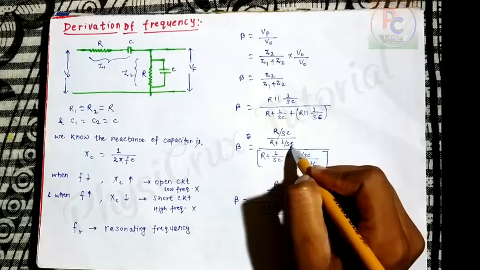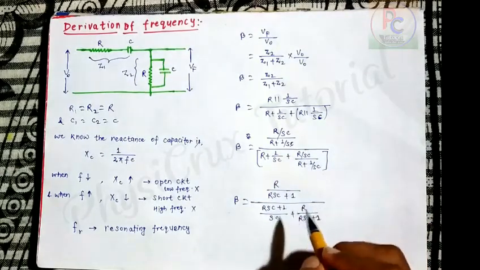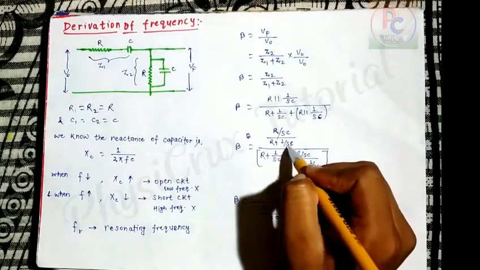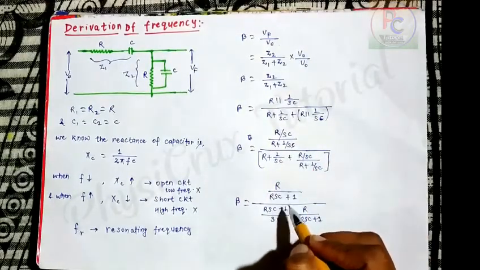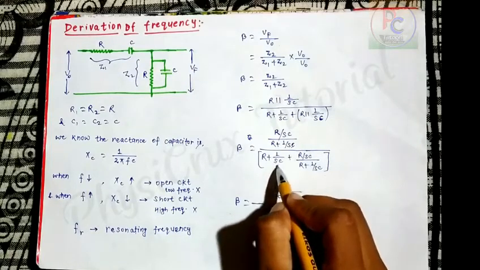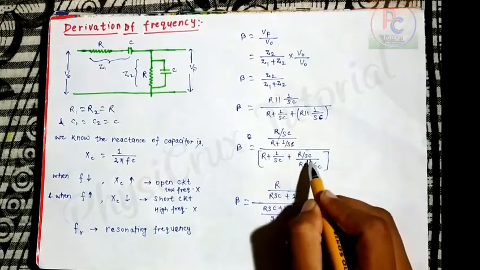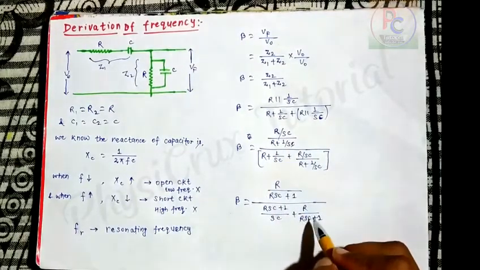We can take the LCM. Here the SC will be cancelled, so we get R by RSC plus 1, and this RSC plus 1 by SC plus here the same calculation.